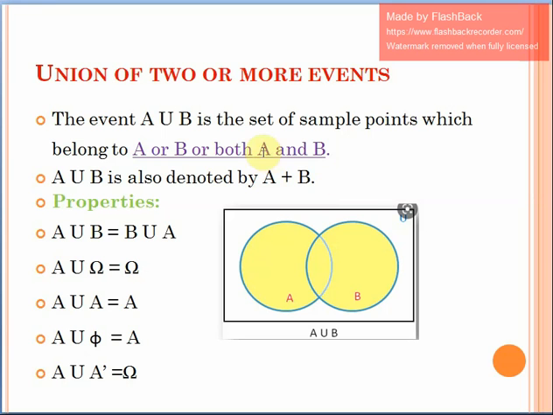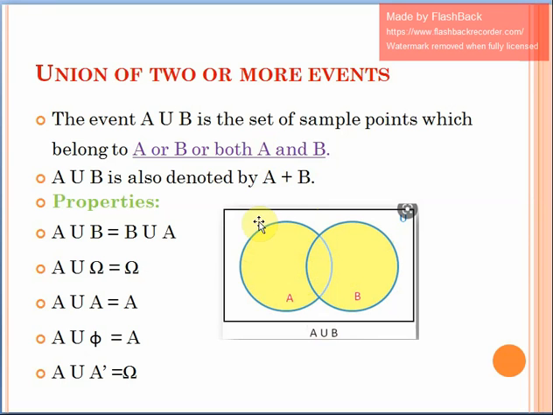So A union B means what? See this figure. This is a Venn diagram. This circle represents A, this circle represents B, and A union B is all the area. See this area which is shaded with yellow color.